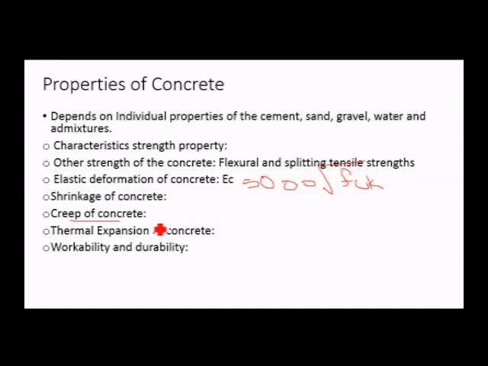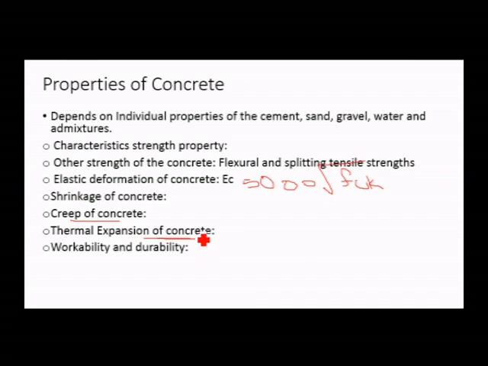Thermal expansion should be considered in countries with very hot and cold climates. The coefficient of thermal expansion depends upon the nature of cement and aggregate, cement content, relative humidity, and size of section. Workability and durability should also be considered, as practiced in concrete technology.